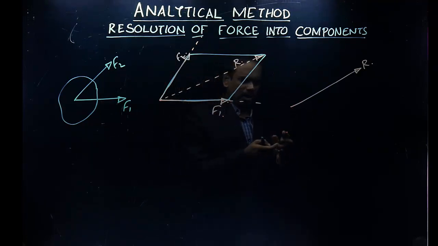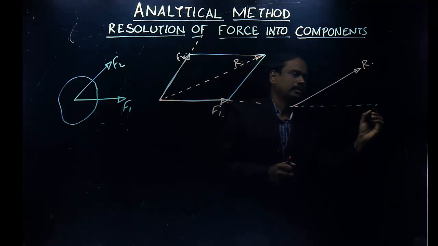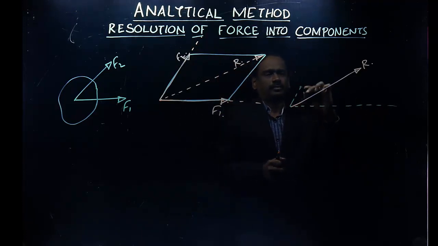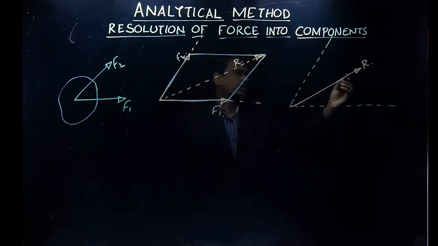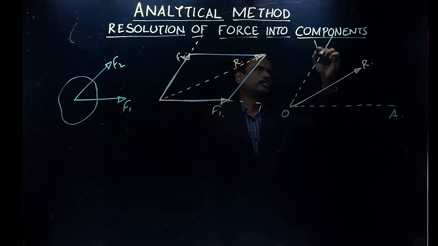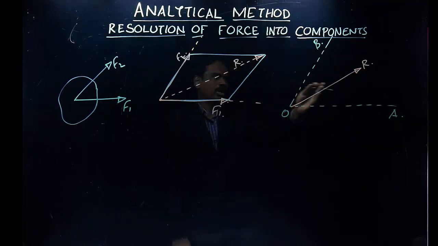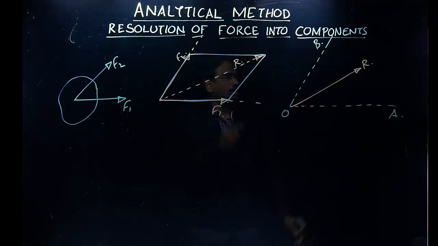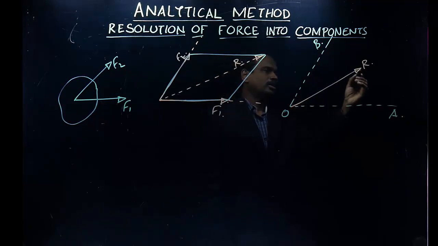How do we do that? Initially we have to define axes like this. Now let these two be the given axes. I want to resolve this force into components along OA and OB. How do we do that?